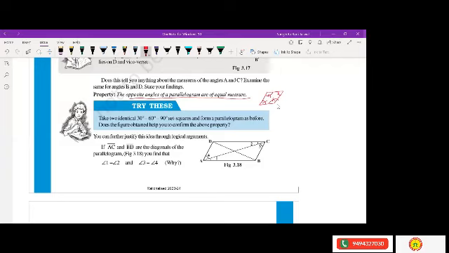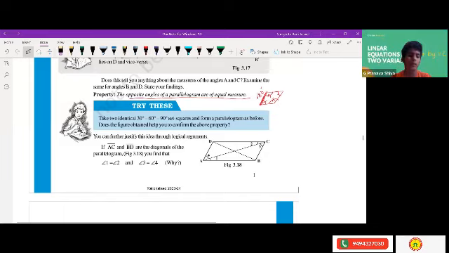Adjacent angles are those angles which share a common arm. The sum of adjacent angles is 180 degrees. Opposite angles are equal. Sum of adjacent angles is 180 degrees.